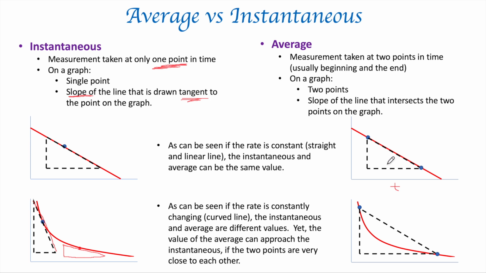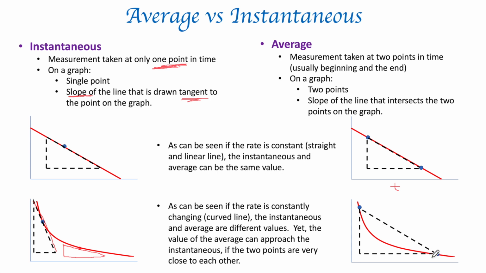Now, one thing to keep in mind here is that if you look at my average versus my instantaneous, they're exactly the same thing if the lines are straight linear. Now, what's going to be different is if you have a curved line like we have down here. If I want to find the average here, so like very early on and towards the end, I want to know what is my average here.